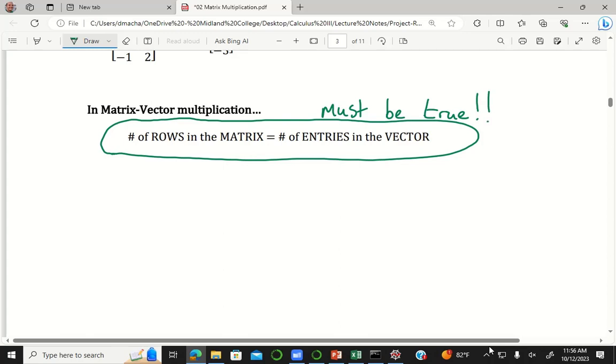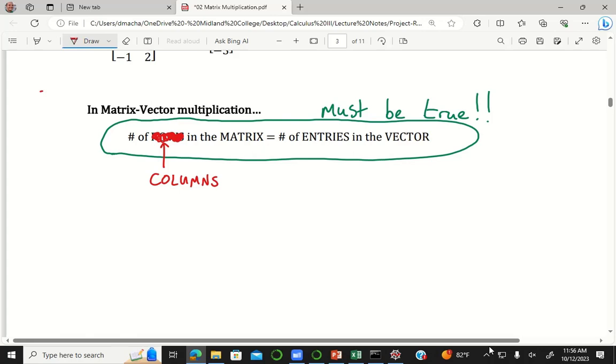The number of rows in your matrix has to be equal. Oh, shoot. I lied. That's columns. My bad. I think I found that as a typo last spring and I forgot to change it in my notes. So this should be columns. The number of columns in the matrix has to be equal to the number of entries in your vector.